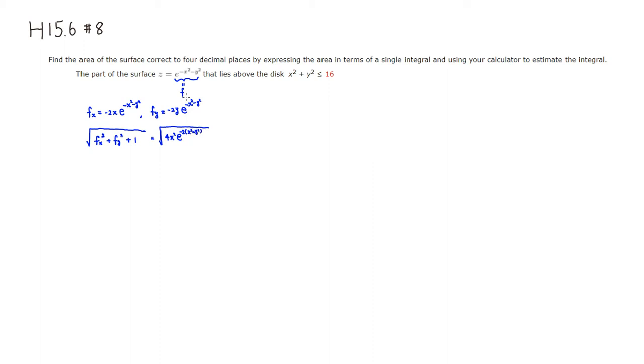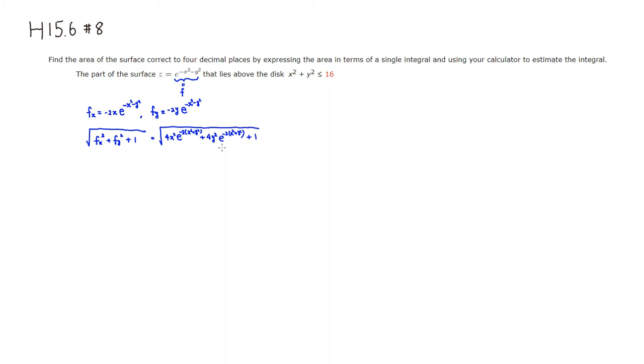I'm going to write it that way because it will make it easier to convert to polar coordinates, and square that. So it's going to be 4y squared and e to the negative x squared. Oh, actually, I have to square that one too, right? So it's a negative 2, then you have x squared plus y squared, and then we have a plus 1.